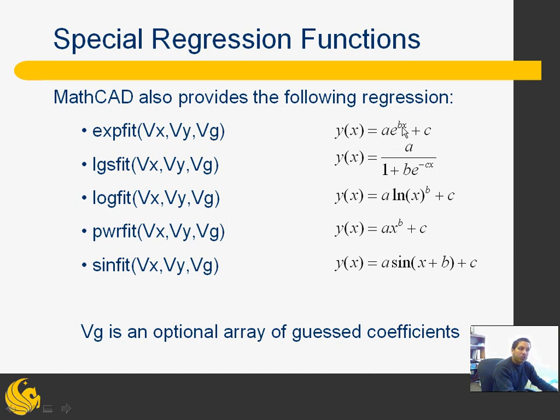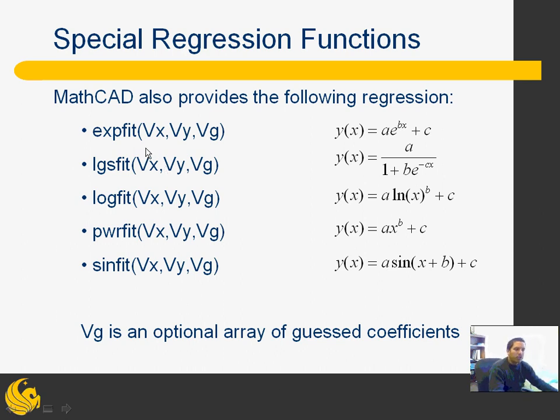You need to guess what A, B, and C are going to be. There's a logarithmic fit, and you also have to give guesses A, B, and C. This is a rational function fit. This is a log fit. This is a power fit, and this is a sine fit, with a phase angle and an amplitude, and so on.